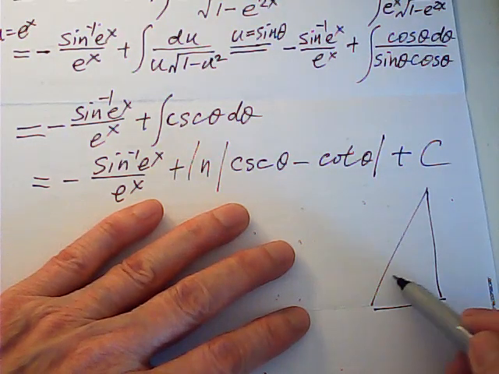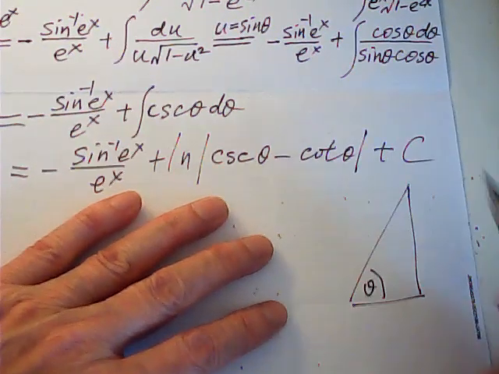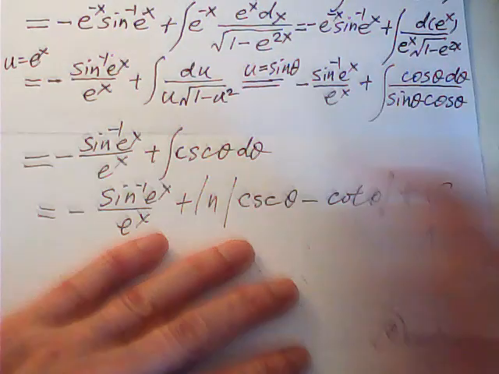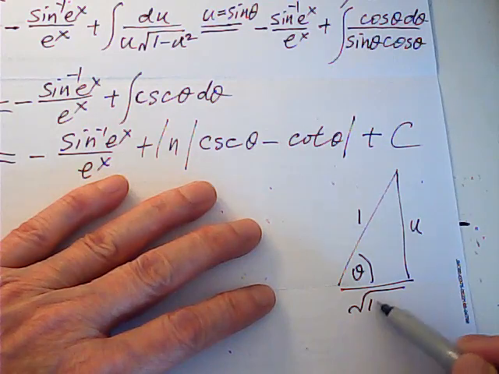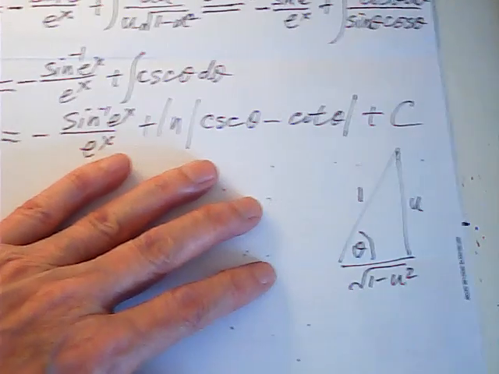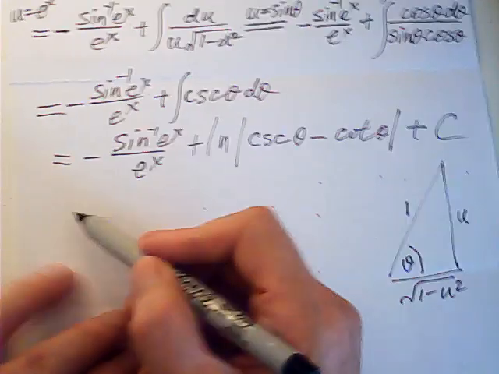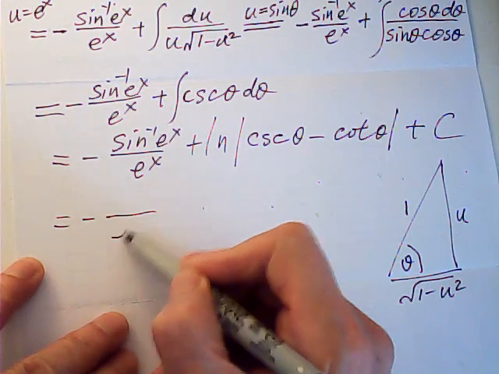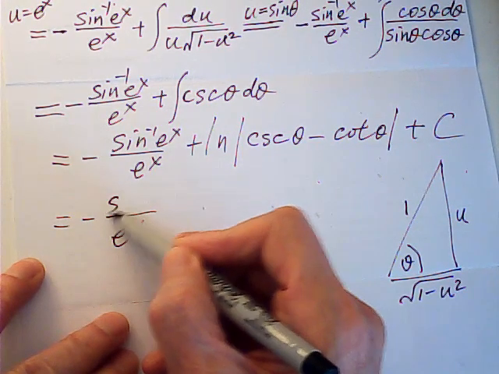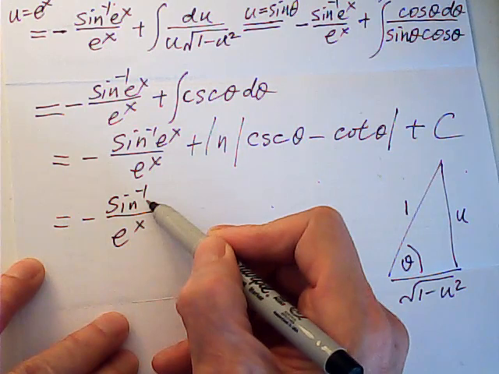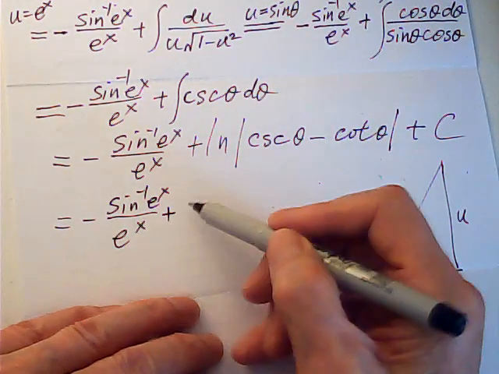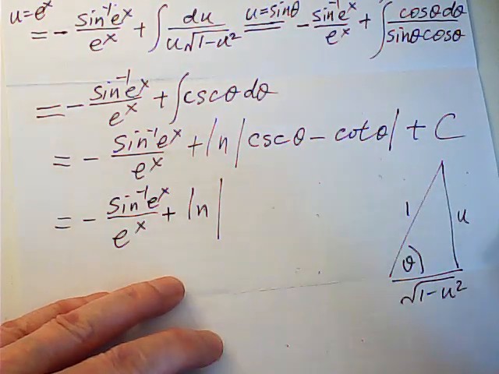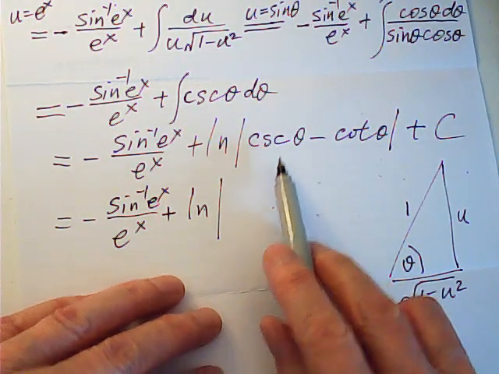Now, to convert back, I need a triangle, right? This is a triangle, this is theta. My assumption: sine theta is u, so this is u, this is 1, this is the square root of 1 minus u square. And then this one is equal to negative e to the x arc sine e to the x plus natural log of cosecant.